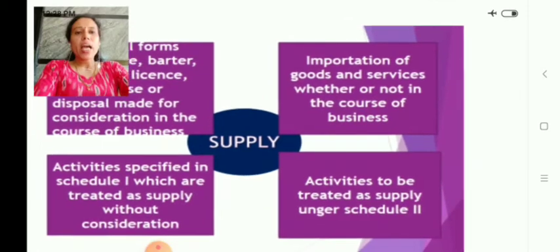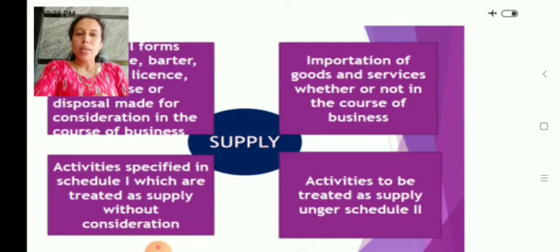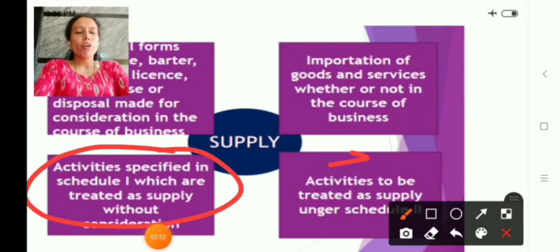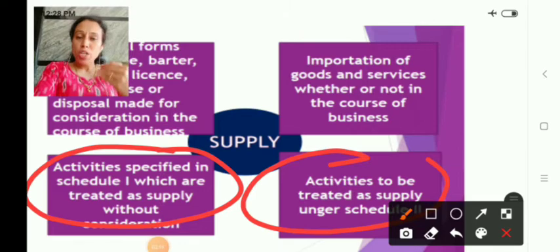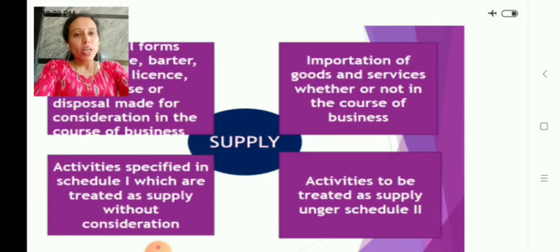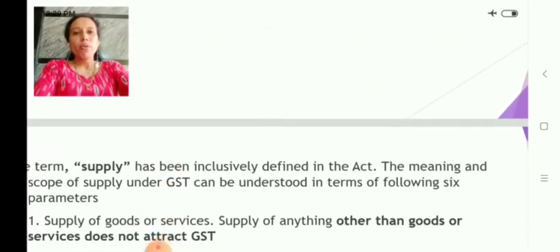Along with that, activities to be treated as supply under Schedule 2 of the Act. So these two, the third part and fourth one, are special transactions, special kinds of dealings which are specifically mentioned in Schedule 1 and Schedule 2 of the GST Act, which should be considered as supply in special cases only. Apart from that, whatever kind of supply, if you go to the next slide, I will make it clear.